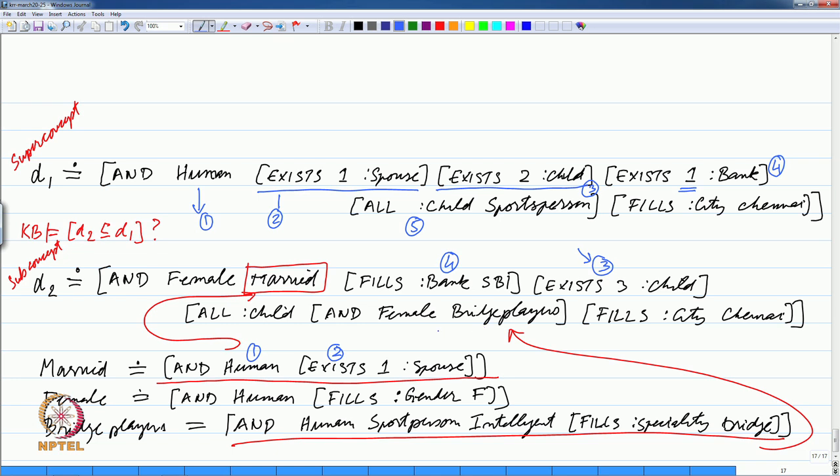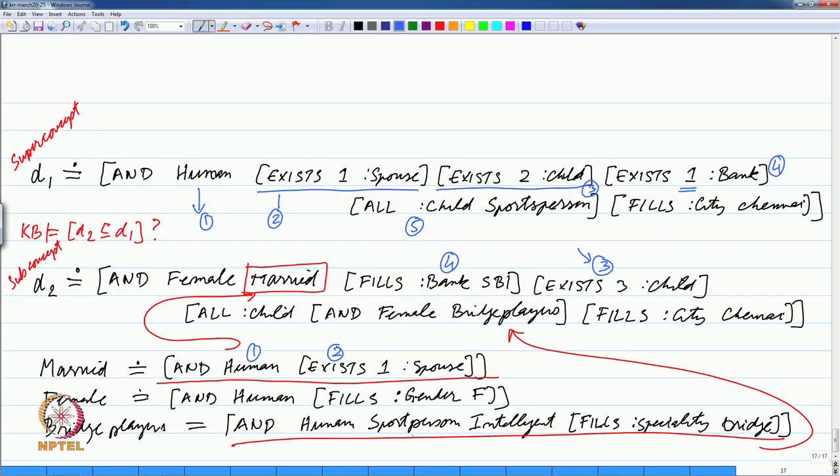So, if you try to imagine the set, you imagine a set of sports people, and then you can partition or you can have subsets of those sports people who are female and male. So, whoever is female is also part of sports person. So, somewhere we have to say that they are human essentially.